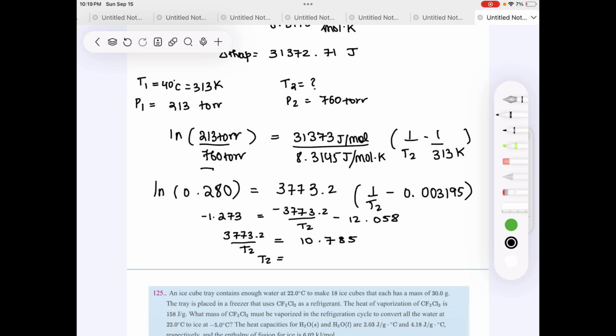T2 is equal to 3773 by 10.785. T2 is equal to 350 Kelvin.